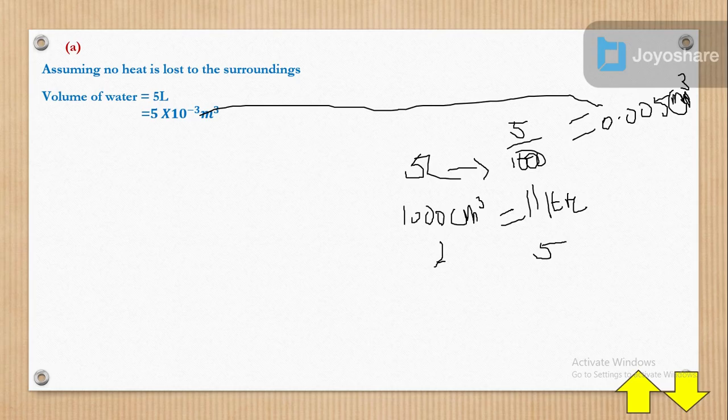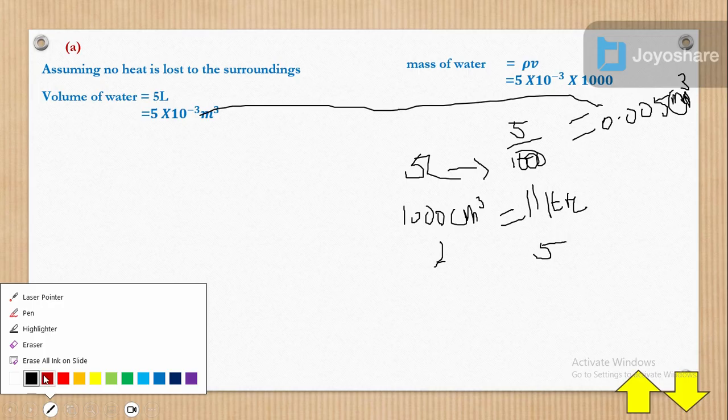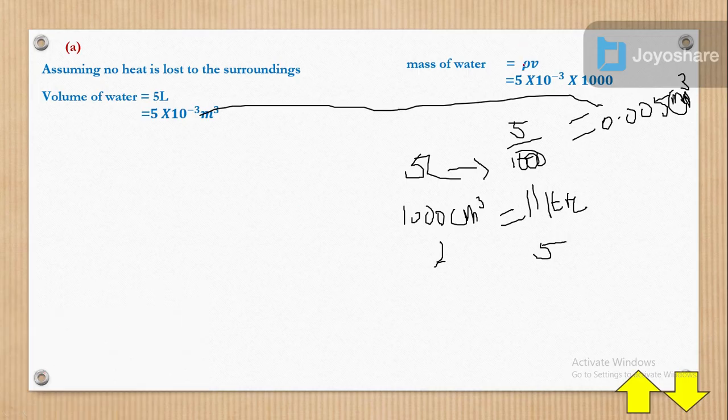Now from there, we need to know the mass of water. So what shall we do? We say mass of water is equal to rho v. Rho is the symbol for density, and v is the symbol for volume. We have the volume here.